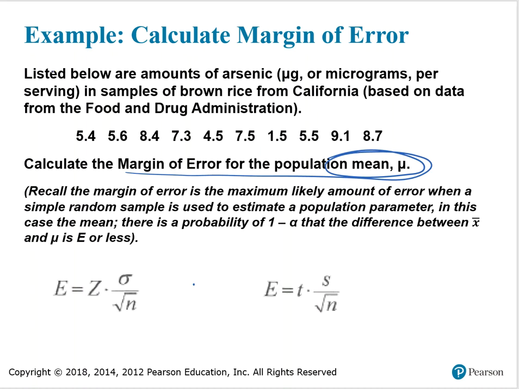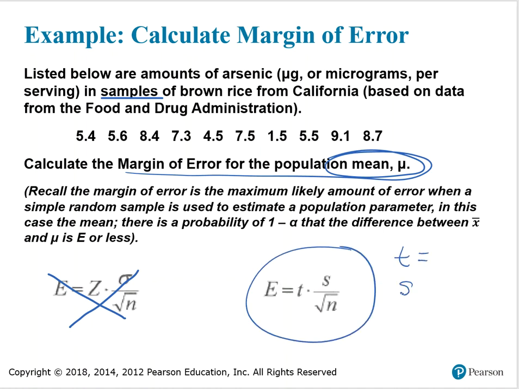Okay, so I don't have sigma, and I've got a sample that has 1, 2, 3, 4, 5, 6, 7, 8, 9, 10 data points in it. So this one is out because I don't have sigma. This is the formula that I'm going to use, but I have to find t, and I have to find s, and n I just counted as 10.